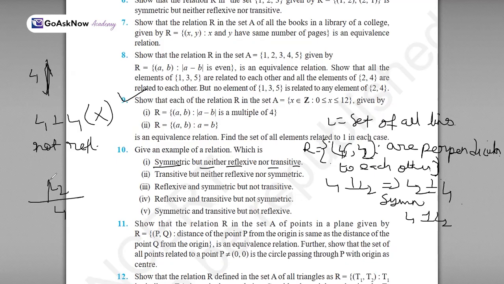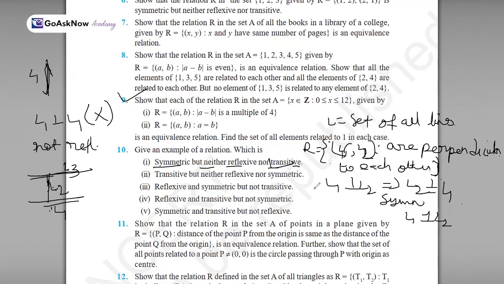This is L1, this is L2, and this is L3. So here L1 is related to L2, L2 is related to L3 because both are perpendicular to each other. But is L1 related to L3? No, because L1 and L3 are parallel to each other. So the relation is not transitive also. So I gave you one example of a relation that is symmetric but neither reflexive nor transitive.